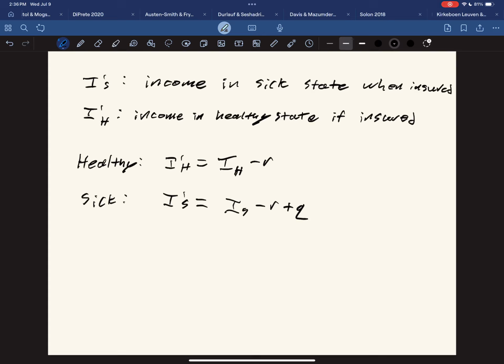And so, what would an ideal insurance contract be? Well, ideally, if an individual is risk averse, they want the same income in every state.